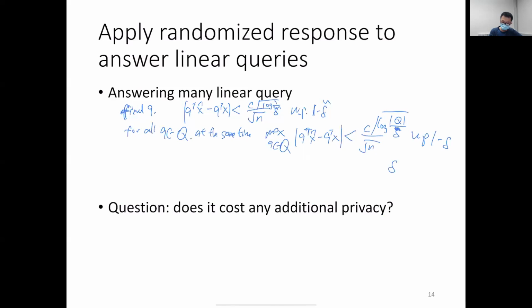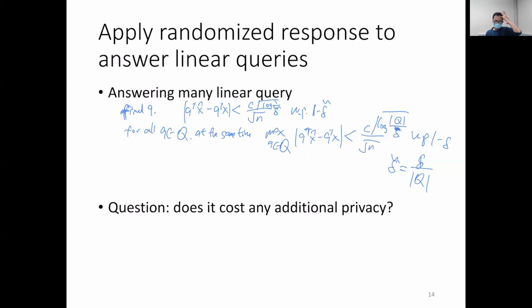So this requires us to choose delta tilde to be delta over the cardinality of Q. This is the same argument that we used before by union bound over the k coordinates for the Laplace mechanism, and we're just doing the same thing for using the randomized response to answer many linear queries.